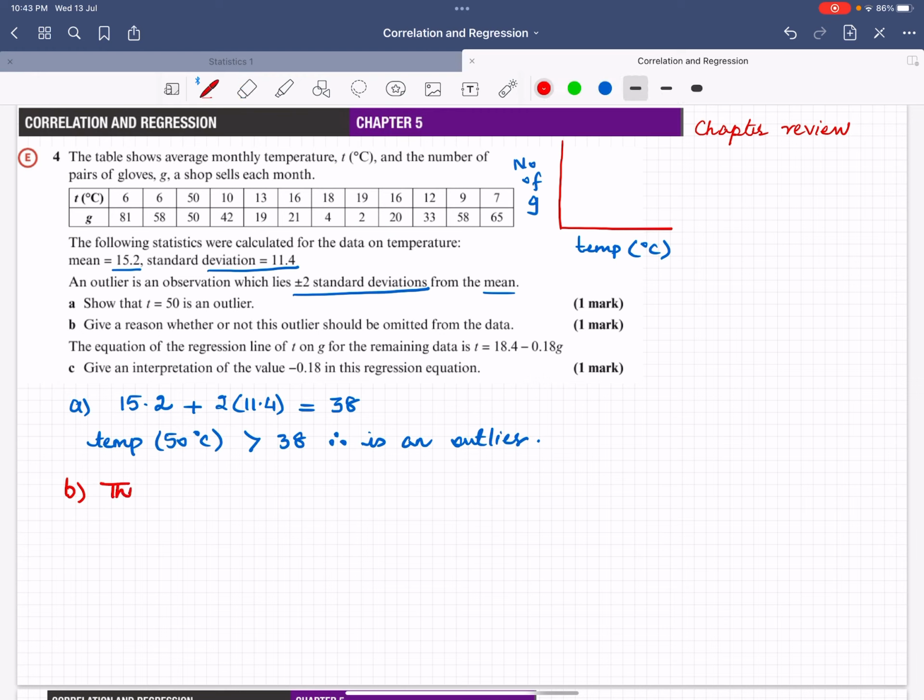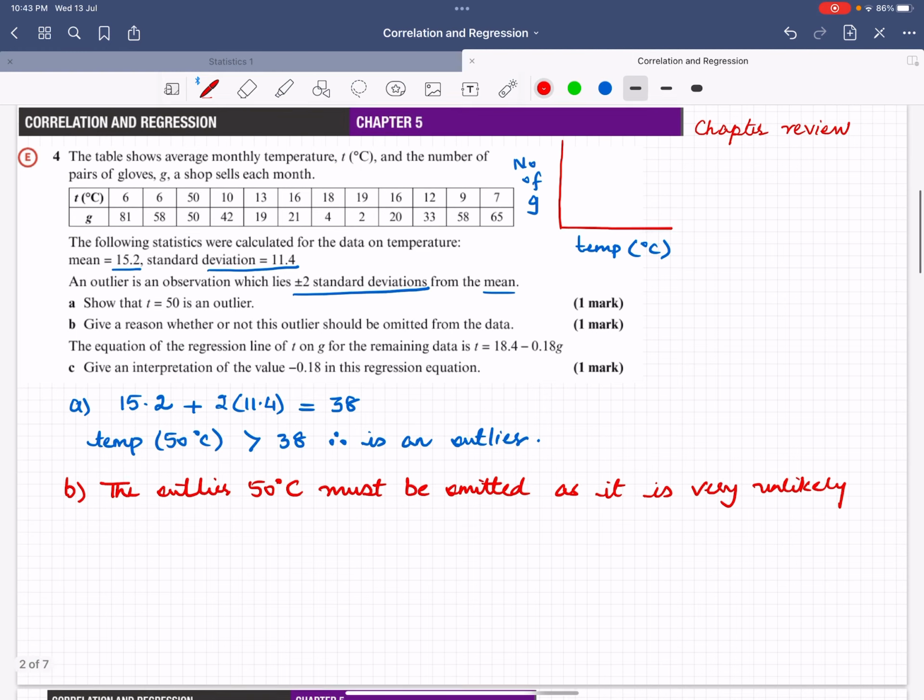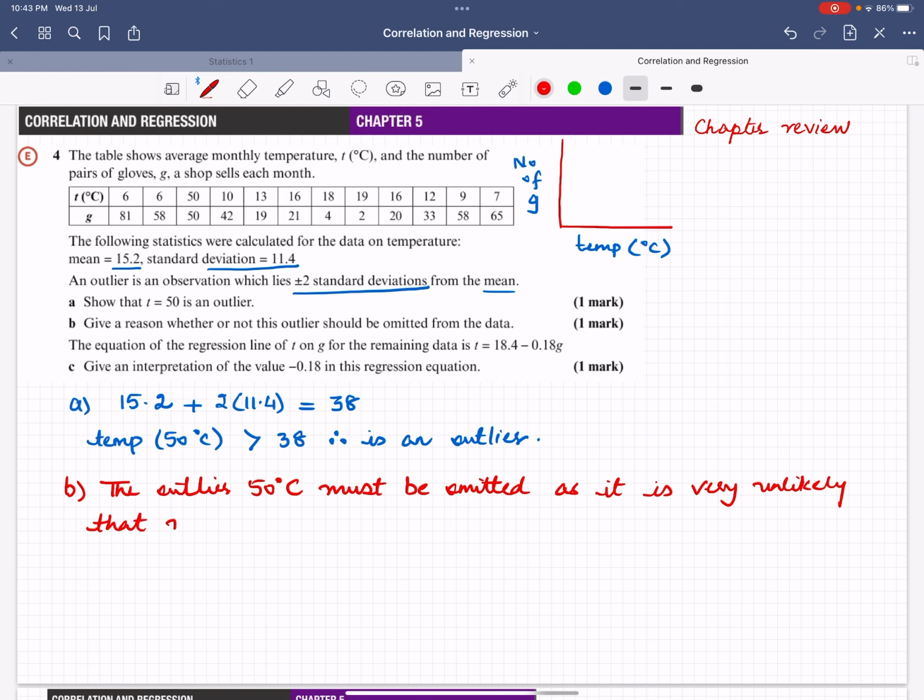So the outlier of 50 degrees Celsius must be omitted, as it is very unlikely that with a temperature of 50 degrees Celsius, anyone would buy a glove, or it would require gloves.